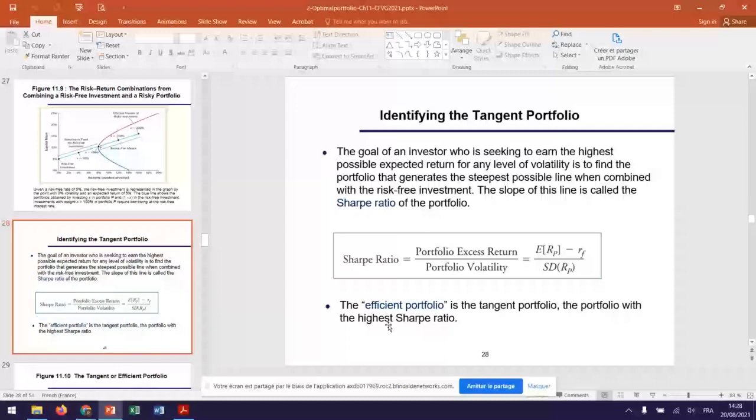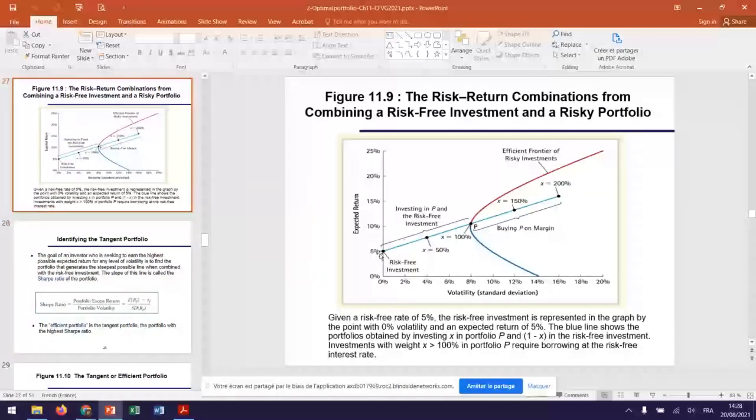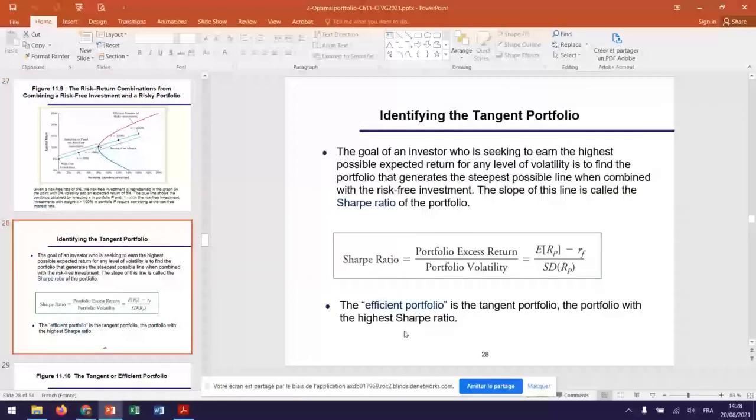The Sharpe ratio allows you to compare which one is better off, the blue line or another line. The higher the Sharpe ratio, the better the risk-return trade-off you should get. So the one that has the best, we call it the tangent portfolio.